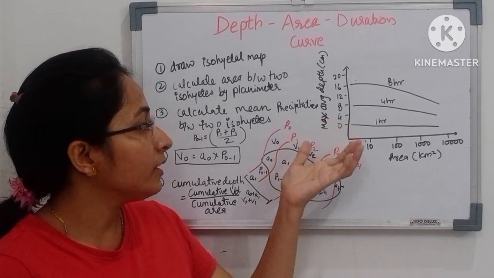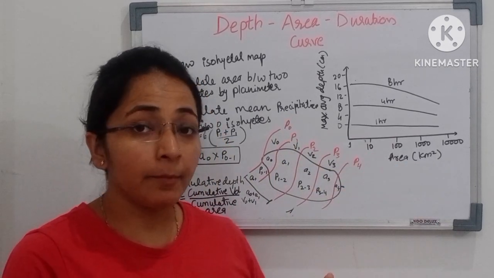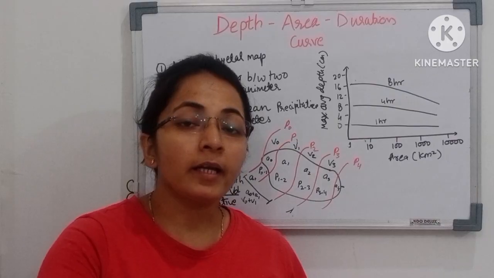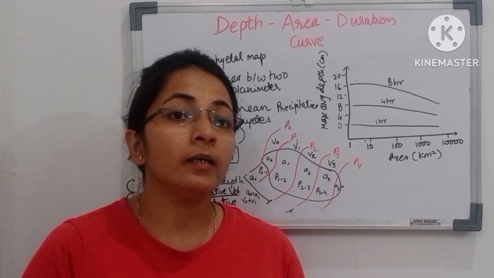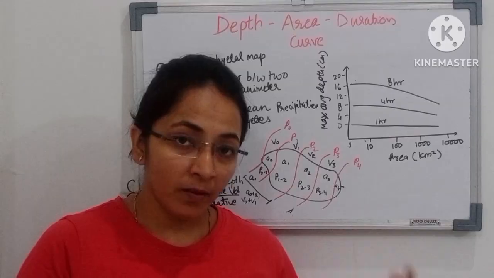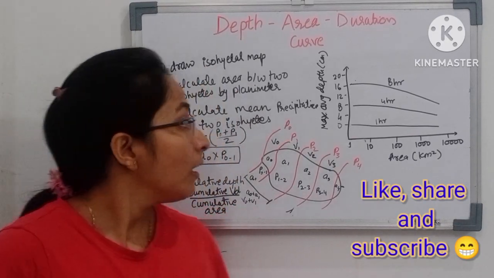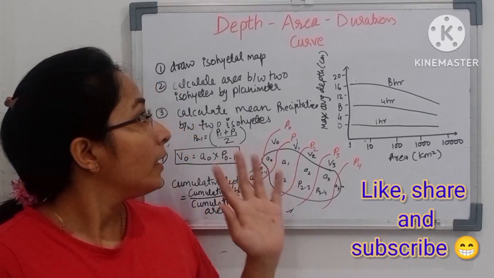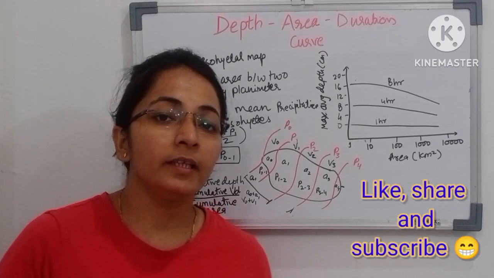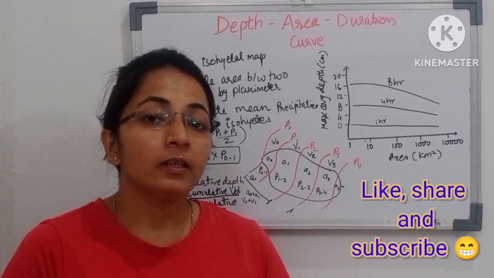Since we are considering the average depth and cumulative area, it shows how the depth changes as the area increases, and what impact that will have at the catchment outlet. So generally we use this DAD curve in the estimation of floods and the design of hydrologic structures etc. So that is all about the depth area duration curve and the relationships between depth area, depth duration and area duration. Thank you so much.